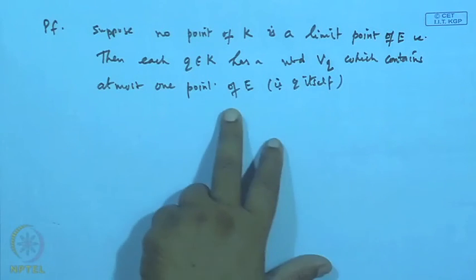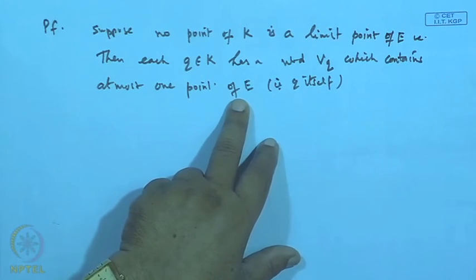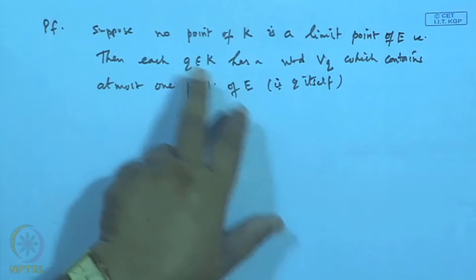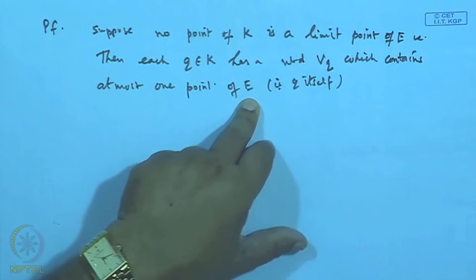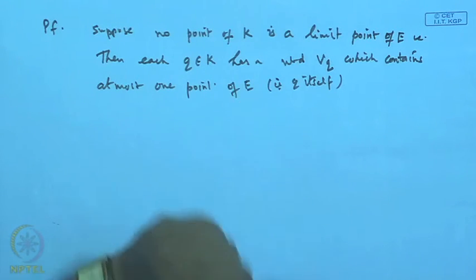Because if it contained infinitely many points, then Q would become a limit point of E. So that gives the contradiction.